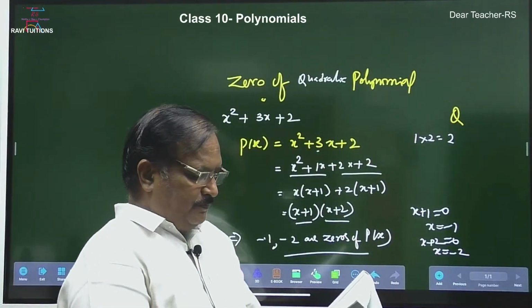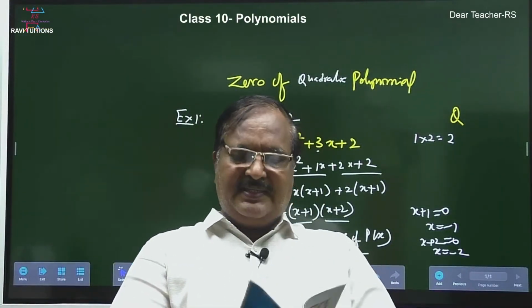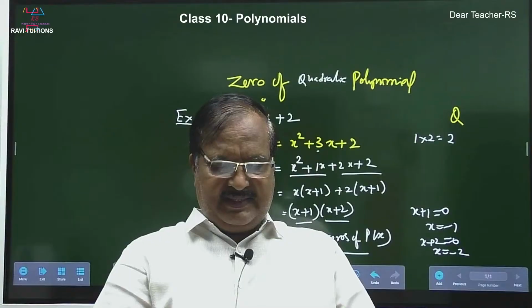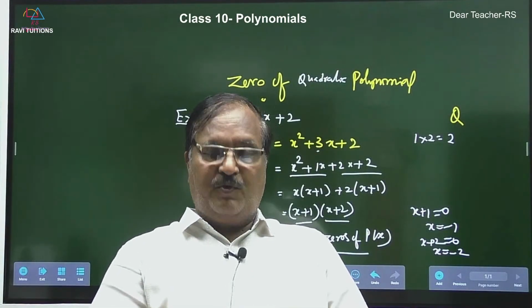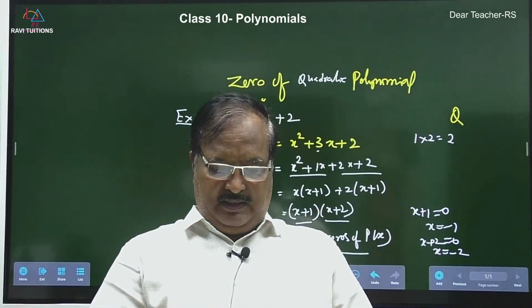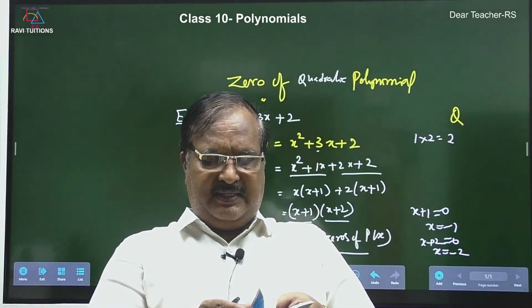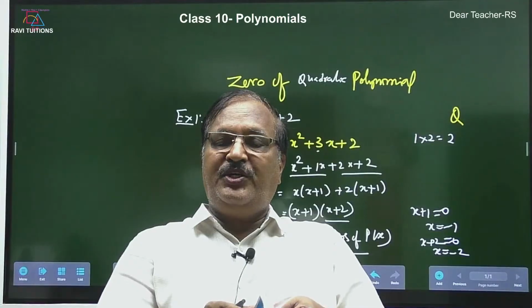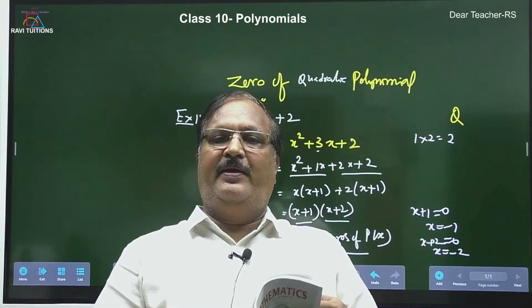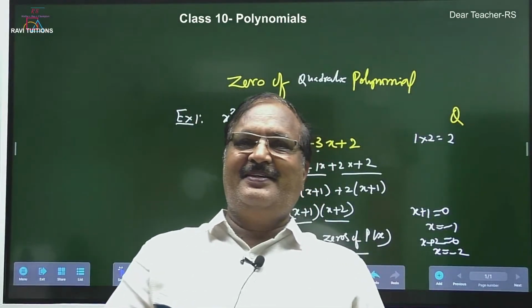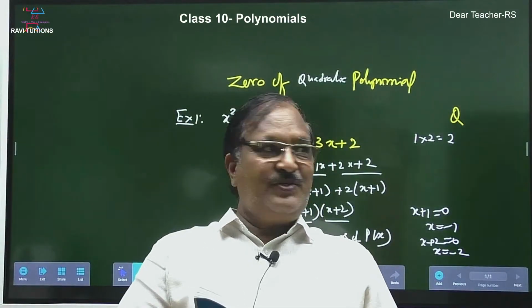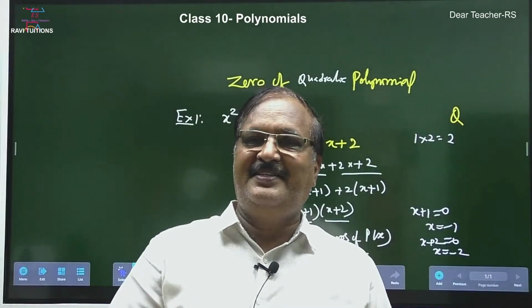So now let us just go into the exercise. If any problem based on this is there, let us see, because my target is to complete polynomials today. I am there in Andhra Pradesh. Andhra Pradesh today is a very serious day.